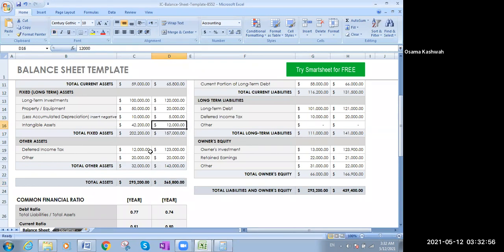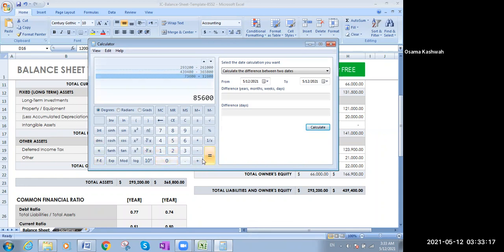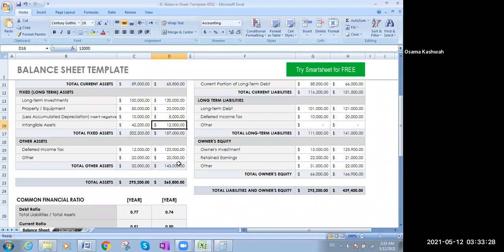We already have 12,000, and we'll add to that 73,600. This gives me the intangible assets, so it should be 85,600 to make it balance. That's what I will do now.